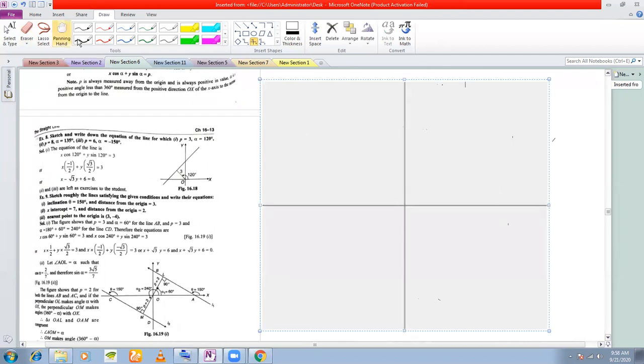So the geometric meaning of this is, you have your x and the y axis. Okay.